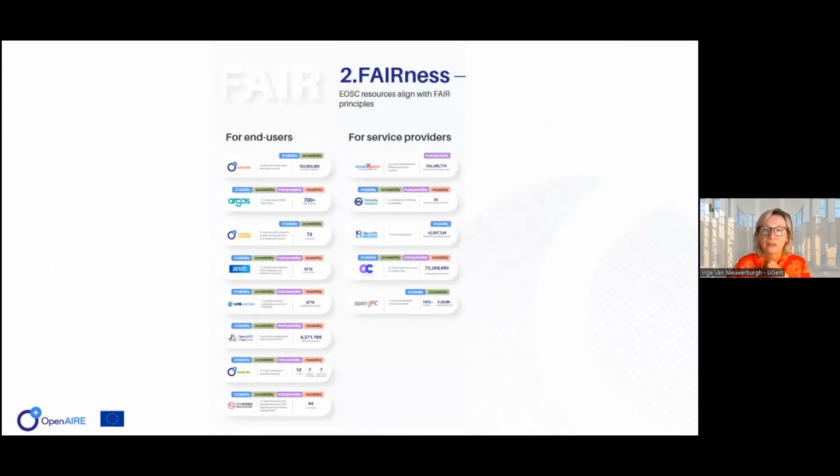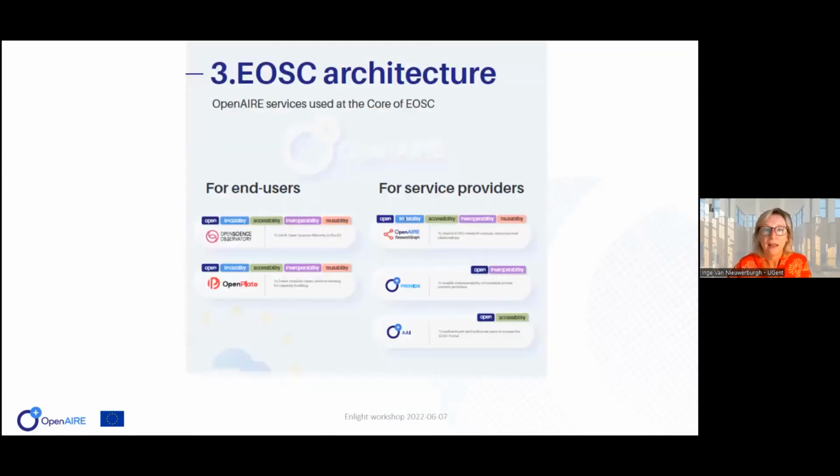For FAIRness, there are several services indicated here, on top whether it is on findability, accessibility, interoperability, or reusability, that can help end users, and then again service providers. And there's the EOSC architecture, where OpenAIRE services are used at the core of EOSC. This is the context where OpenAIRE is working in.